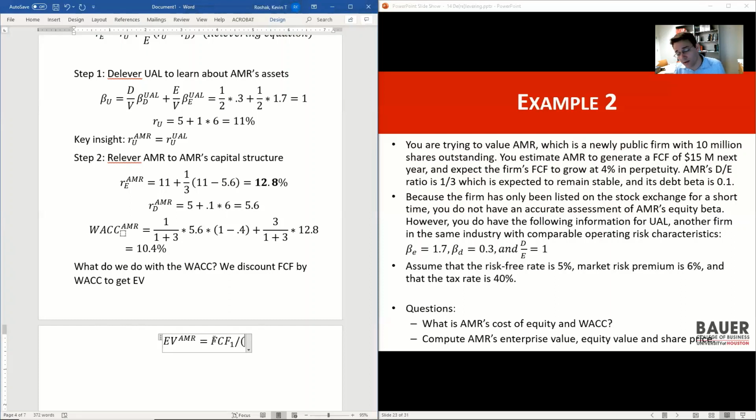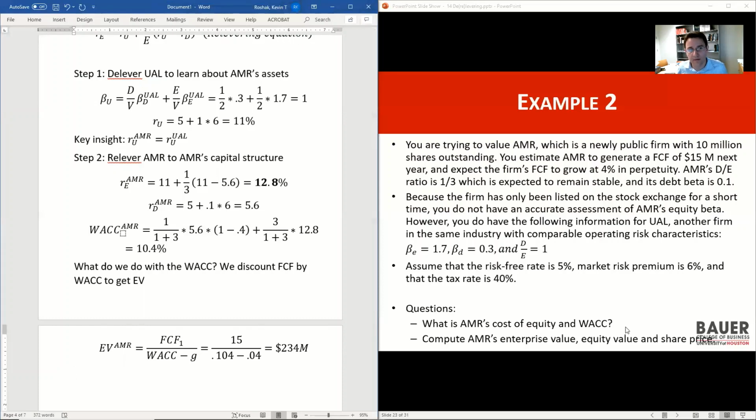You discount that by the WACC minus the growth in the free cash flows. So we have 15 divided by 10.4 minus the growth rate of 4. Hence, the enterprise value is going to be about 234 million. Okay, so that's a good review there.